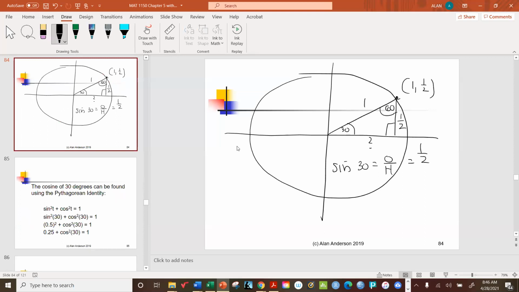And how would that work? Well, let's see. Let's call this X. Okay, so we know that X squared plus 1/2 squared equals 1 squared.